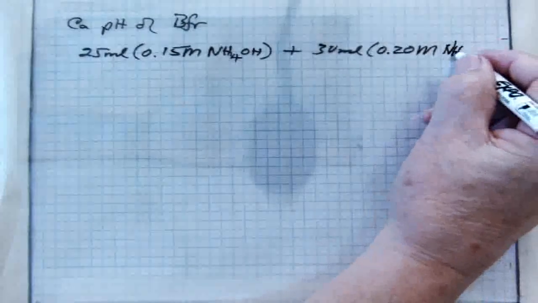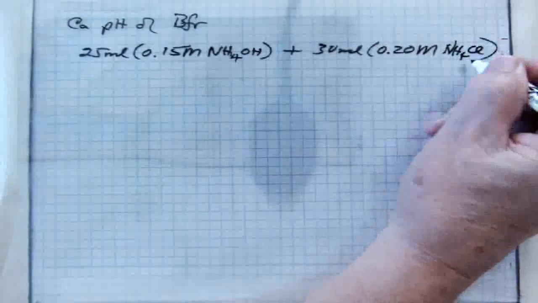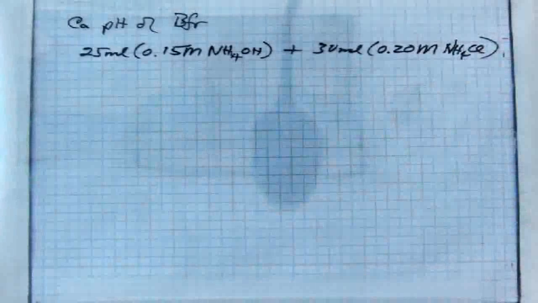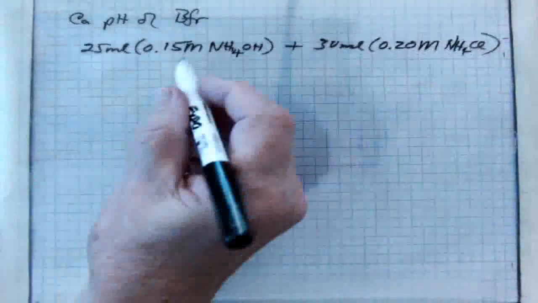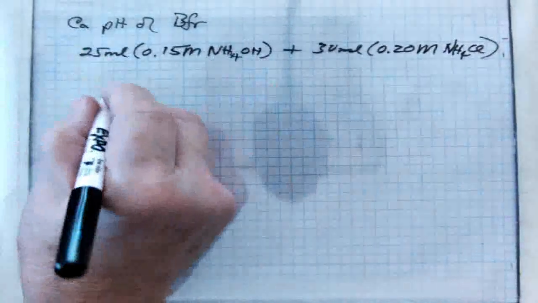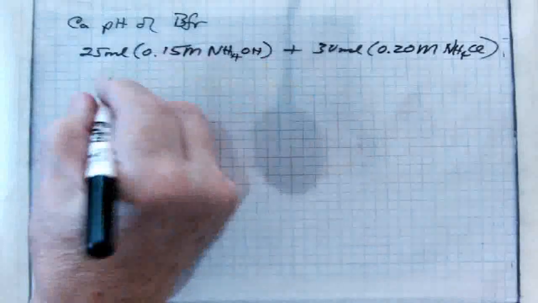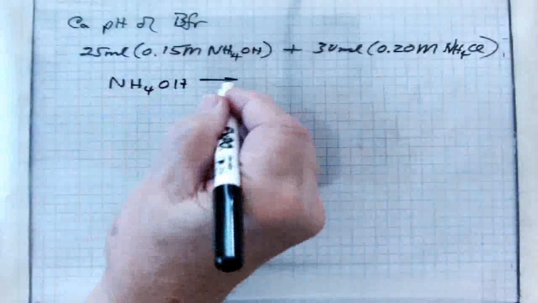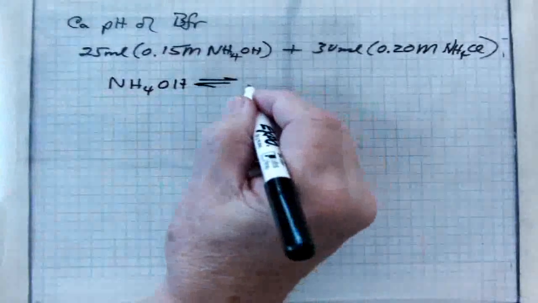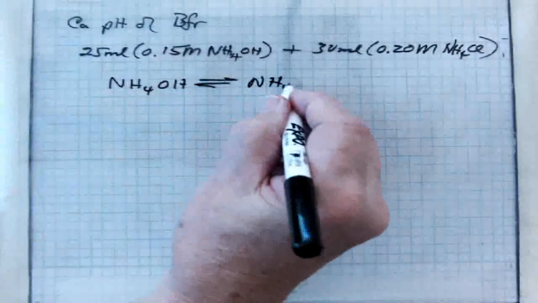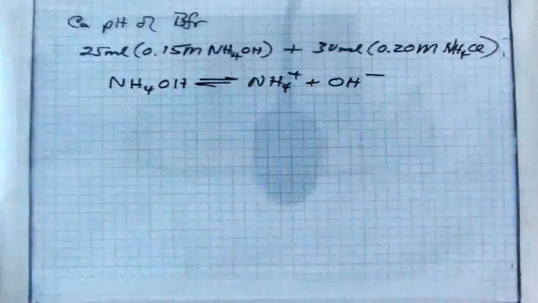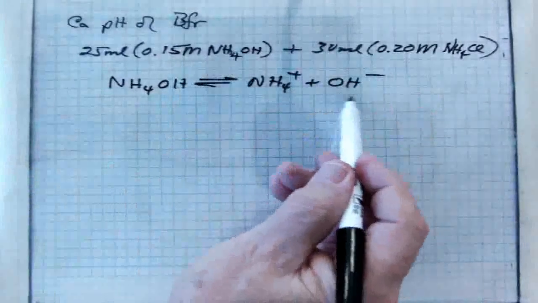Now multiply these together and you get the moles, but remember you've got them in a mix of 25 plus 30, or 55 milliliters. Let me punch that out. And that is 0.0038.